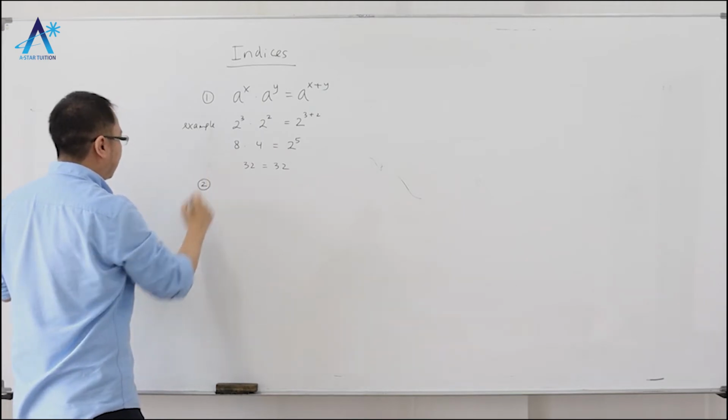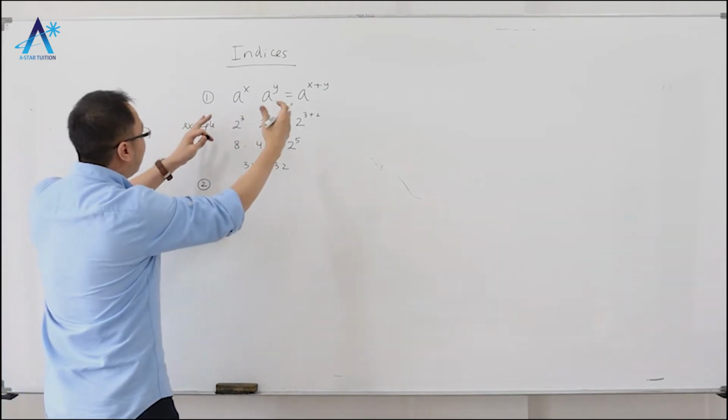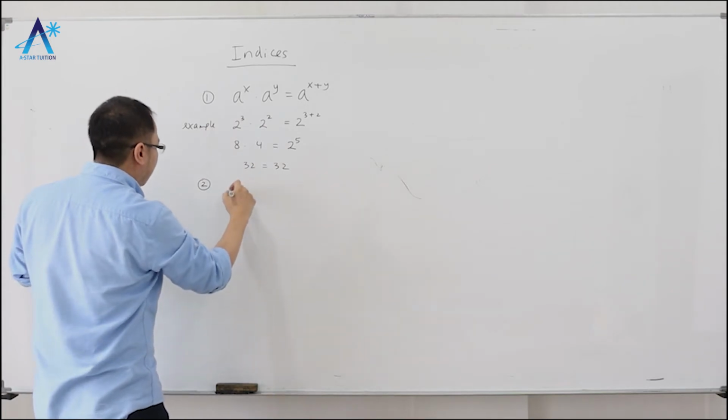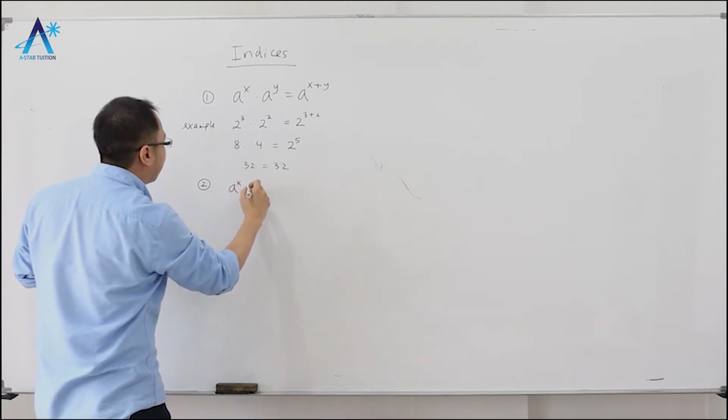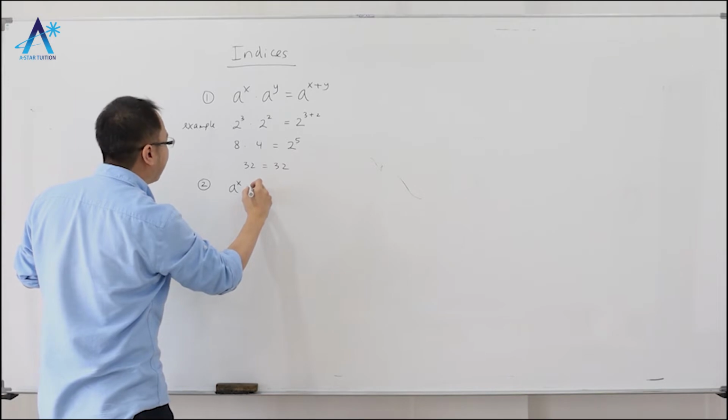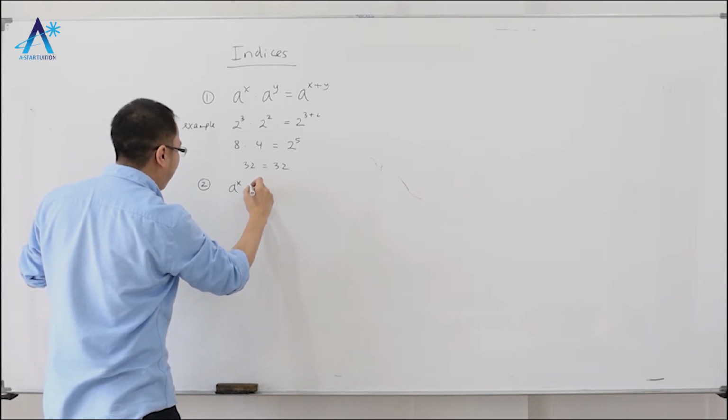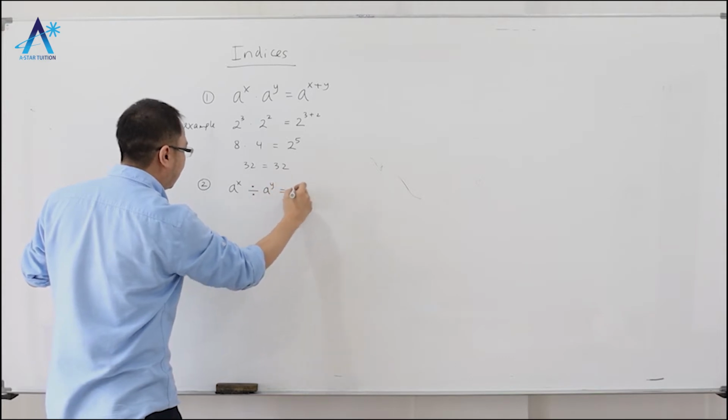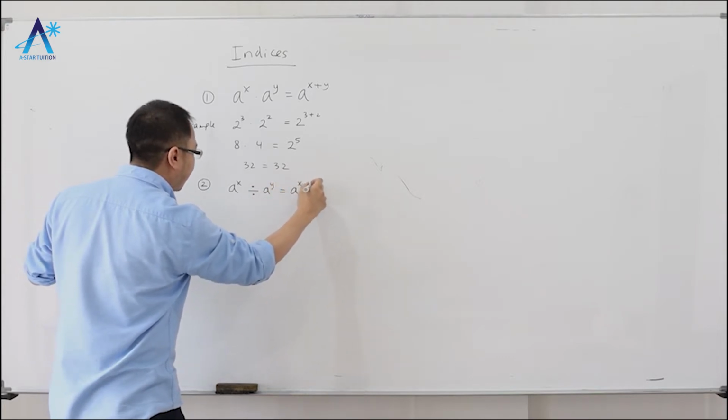The second rule is quite similar to the first rule, which is the division of two terms having the same base and different power. a to the power of x divided by a to the power of y is equal to a to the power of x minus y.